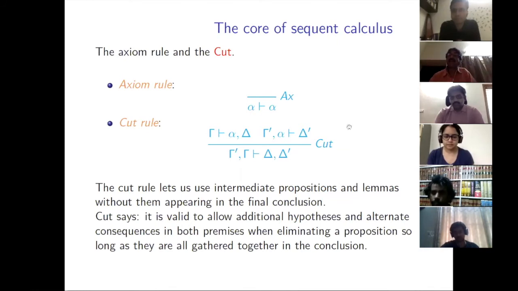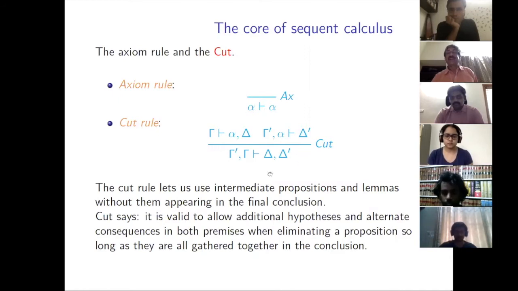It's worth seeing what it says. If I have assumed alpha and proved something, and later I have established alpha, think of it as a lemma. If you have established the lemma, you can use it and then prove something.